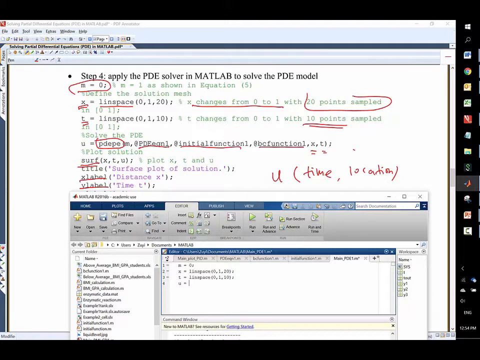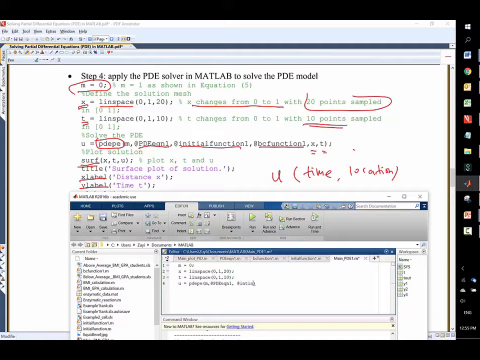So you get u equal to pdepe. Again, we get m. We already had the equation, PDE equation 1.